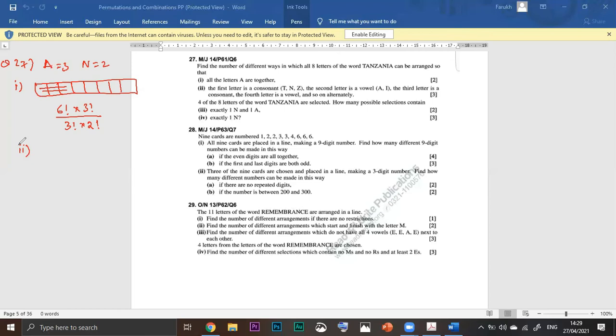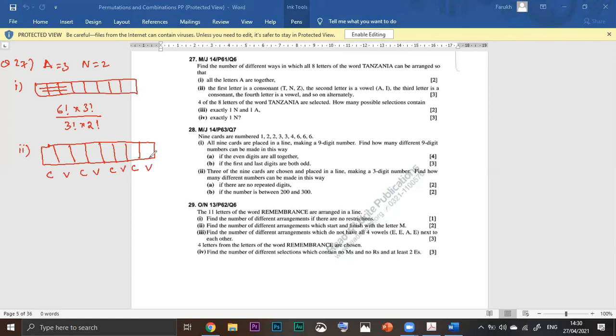Okay. The first letter is a consonant, the second letter is a vowel, the third letter is a consonant, and so on. The first letter is a consonant, vowel, consonant, vowel, and so on.